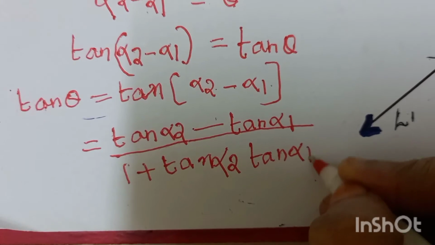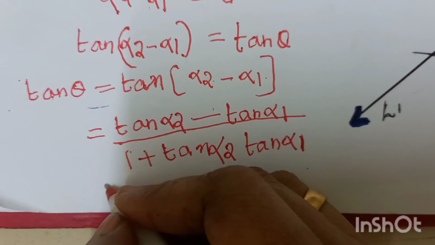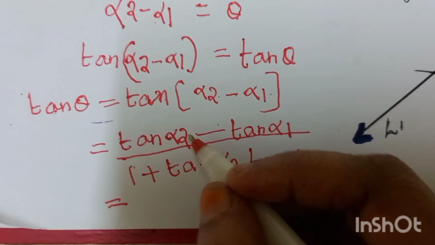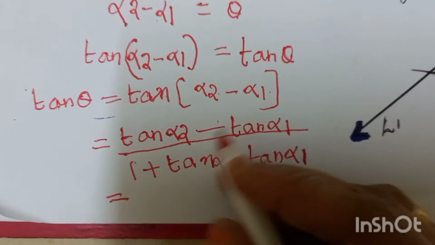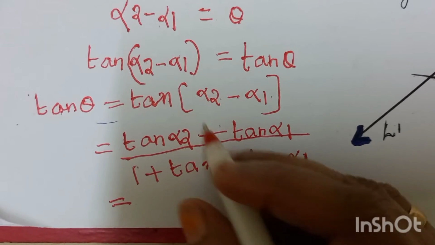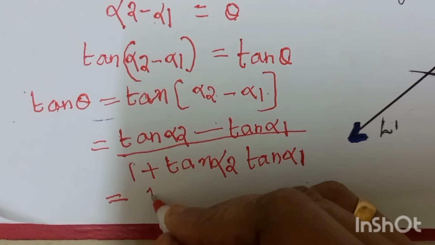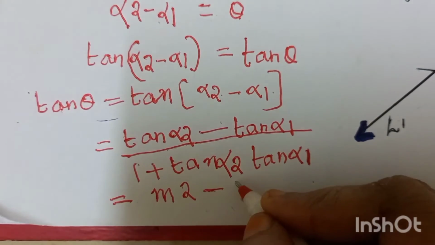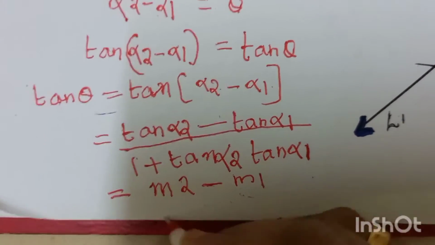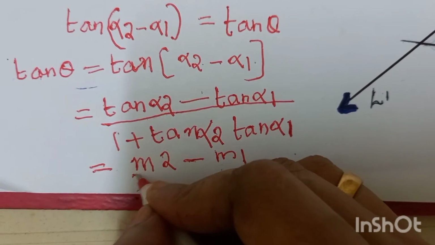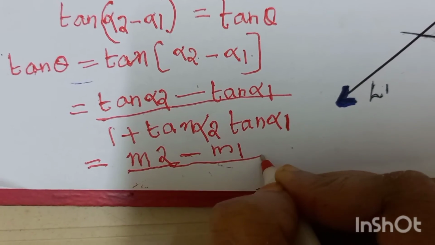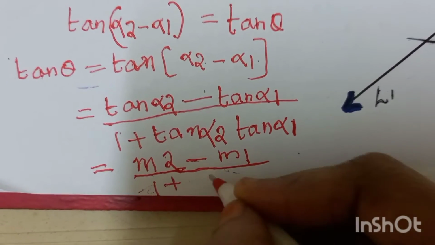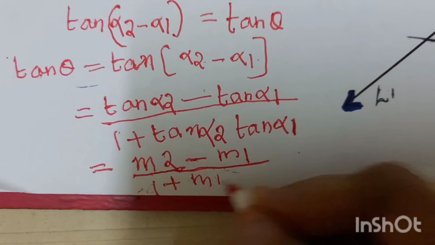What is tan alpha 2? Tan alpha 2 is the slope of L2, represented by M2. So we get M2 minus M1, whole divided by 1 plus M1 M2.